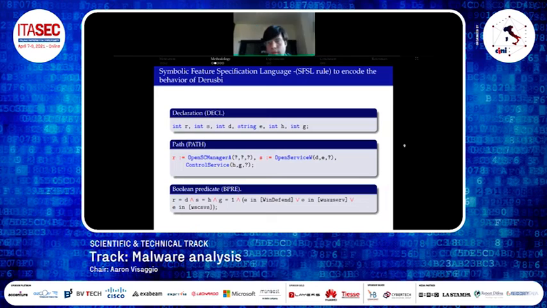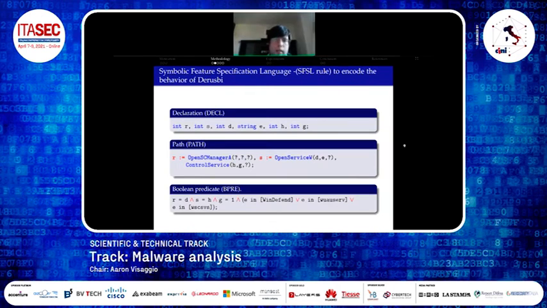We are going to use it to train a malware machine learning classifier. So here we have a rule, which is a triplet containing a declaration, a path, and a Boolean predicate. A declaration is a pair of a data type and a variable name. In this example, we have 5 integer variables and 1 string variable.